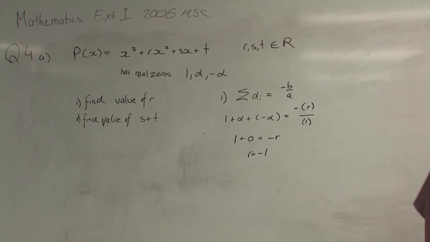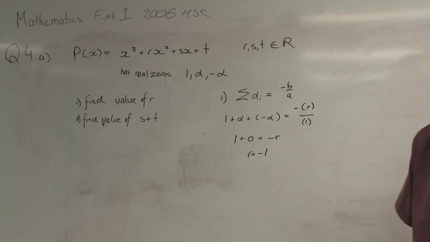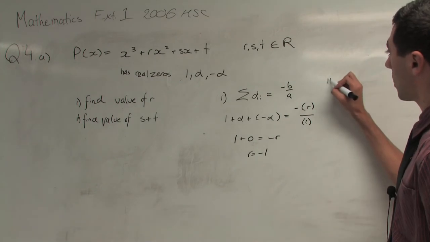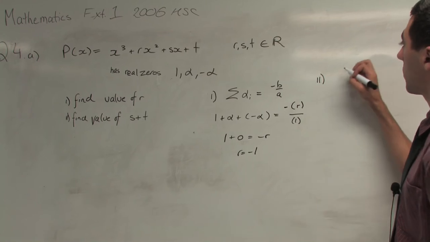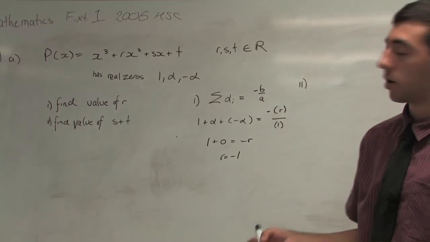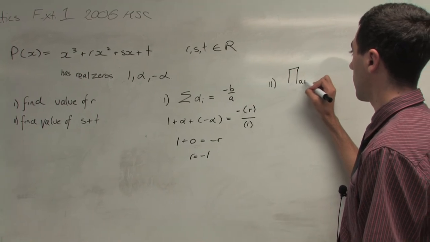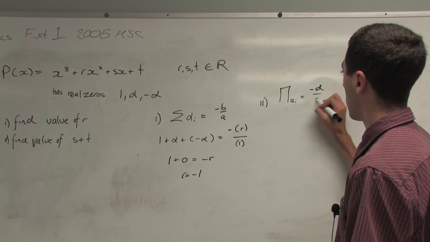So now we need to find the value of s plus t. What I think we should do is actually find the values of s and t individually and then add them together. For the second part, we'll start with t, because we know that t will be related to the product of the roots, and that is given by minus d over a.